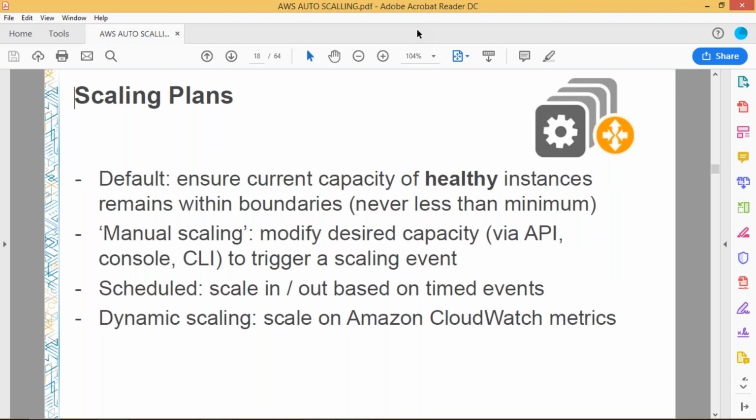So auto scaling plans by default ensure the current capacity of healthy instances remains within boundaries. For manual scaling, we can modify the desired capacity, and we can use the CLI commands and do several things there. And scheduled scaling scales in and out based on time events. For dynamic scaling, we can go for CloudWatch.